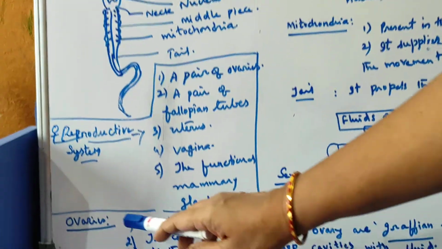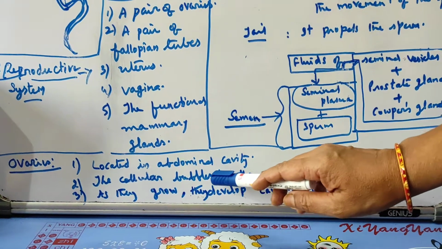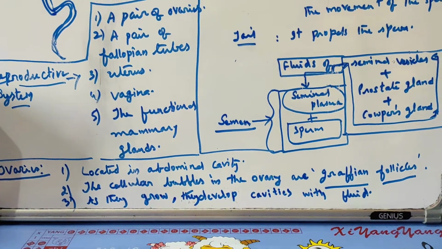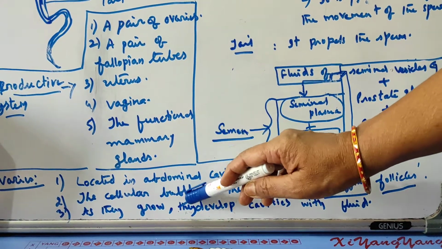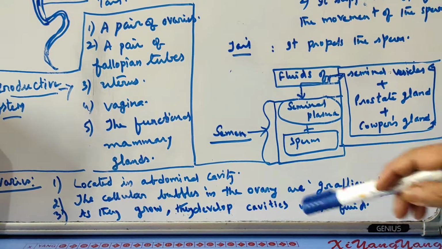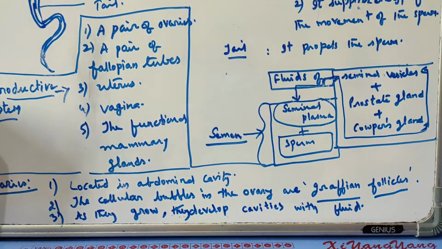Ovaries are located in the abdominal cavity, and the cellular bubbles in the ovary are called Graafian follicles. What are Graafian follicles? The bubble-like cells present in the ovary are called Graafian follicles.